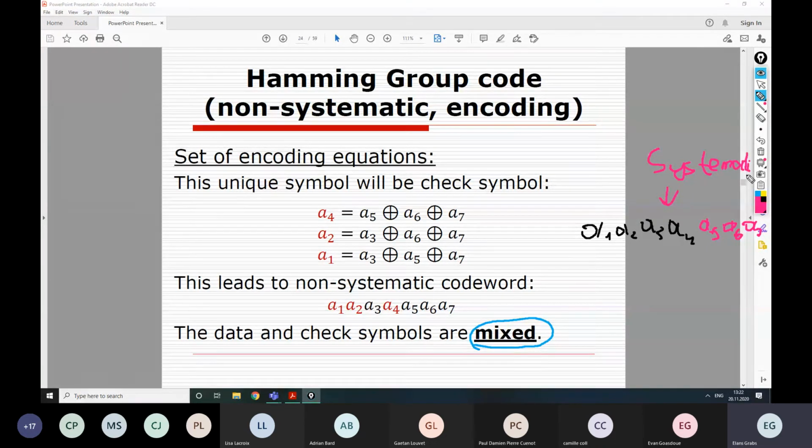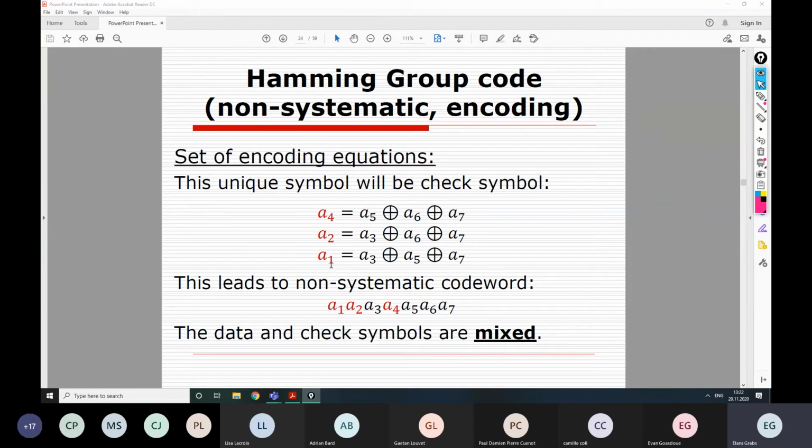Yes, these just have happened like this for our coding. We will talk later about what we need to change to make that code systematic. And of course, we will lose something in the process, and what exactly that will be will be clear after we understand how it works.